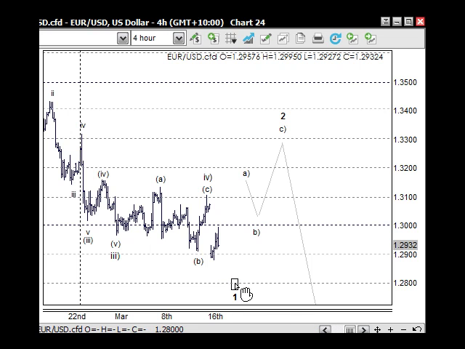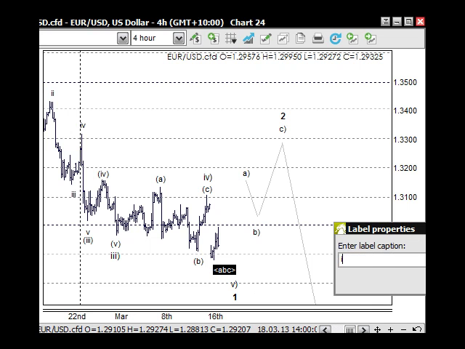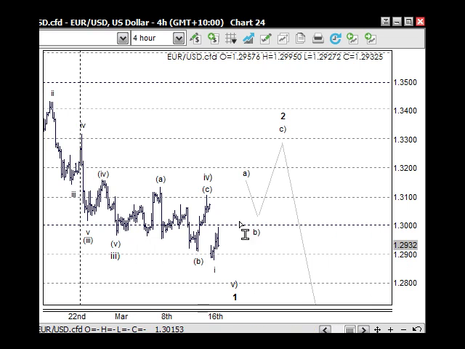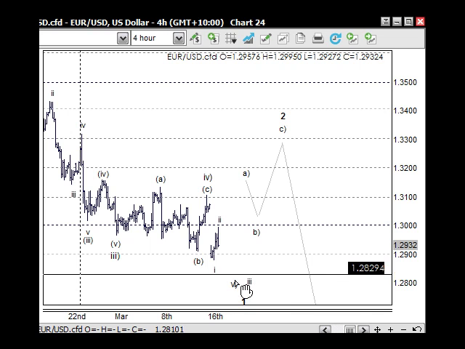So this is like a little 5-wave structure in through here, so we could even label that as a little wave 1 in here, and an ABC back for wave 2 in here, and then looking at wave 3 lower in here as well. So still further to move to the downside through here.